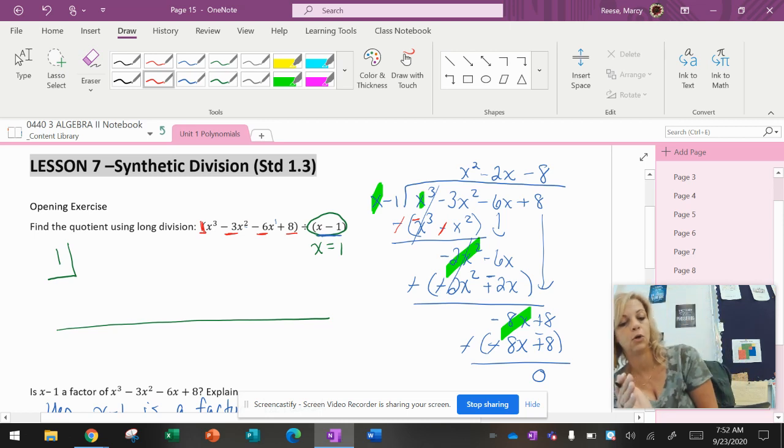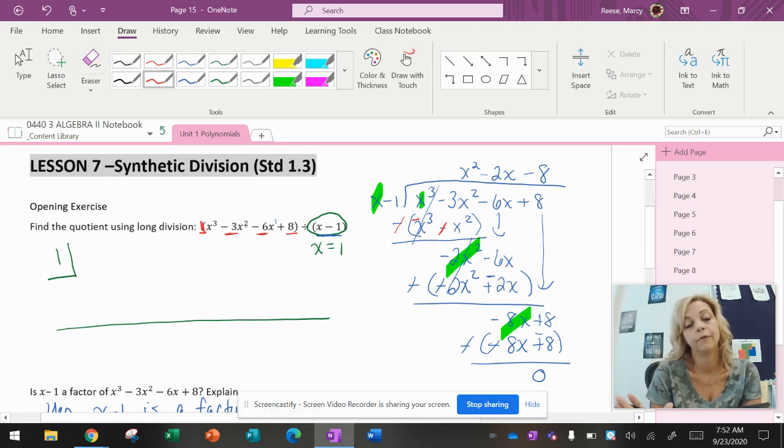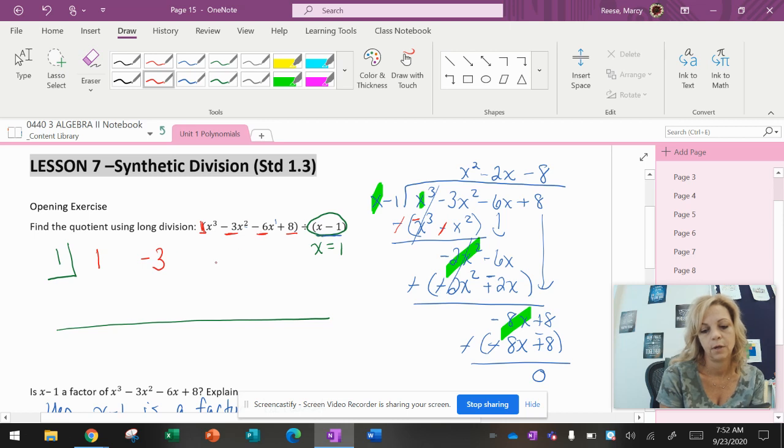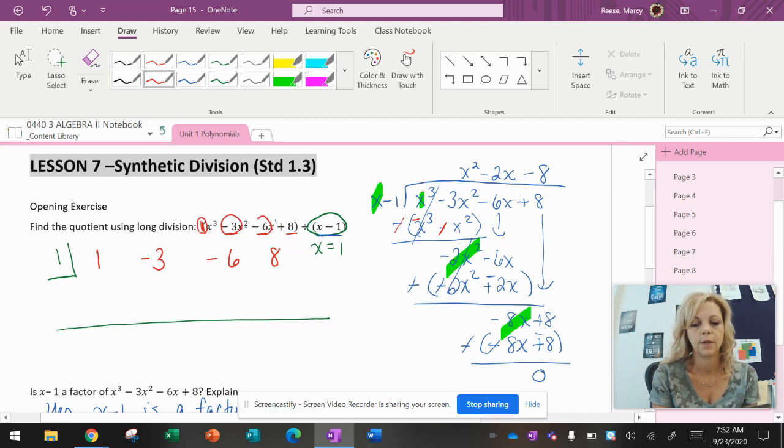And you're going to ignore the variables. For that dividend, you're going to take just the coefficients. You're going to take 1, -3, -6, and 8. Okay, see where I got those? 1, -3, -6, and 8. Okay, and I'm going to put them right there.